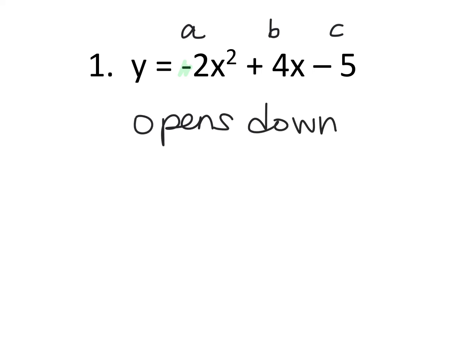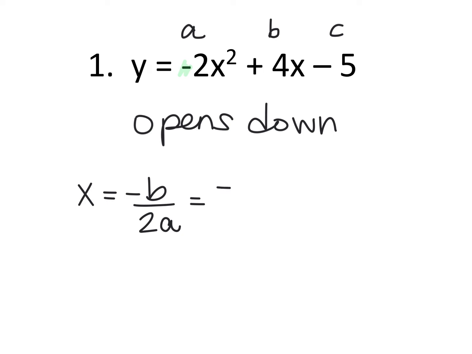Okay. Onward we go. So now we're going to do this negative b over 2a thing and figure out your axis of symmetry. So x equals negative b over 2a. What is b? 4.